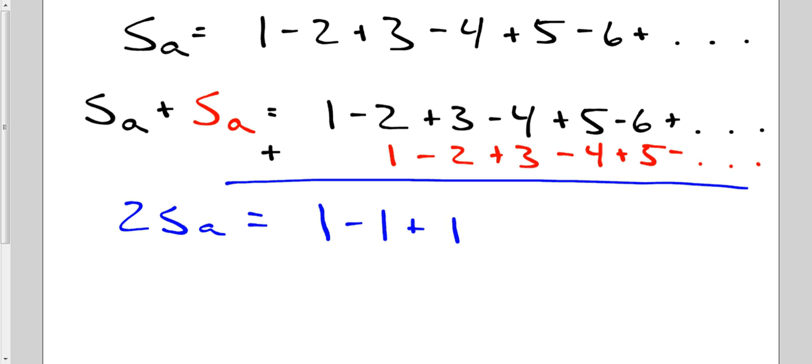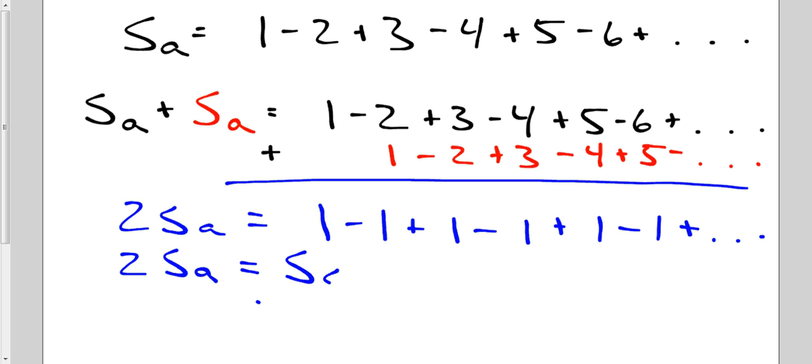Negative 4 plus 3. Is your mind blown, Lyndon? Minus 1 plus 1 minus 1 plus dot, dot, dot. What is this guy? The Grandi series. That's Grandi series. So 2 S sub A equals S sub G.